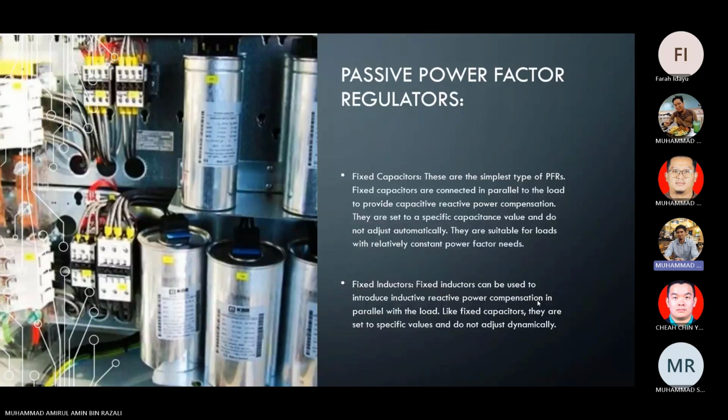They are suitable for loads with relatively constant power factor needs. Fixed inductors can be used to introduce inductive reactive power compensation in parallel with the load. Like fixed capacitors, they are set to a specific value and do not adjust automatically.